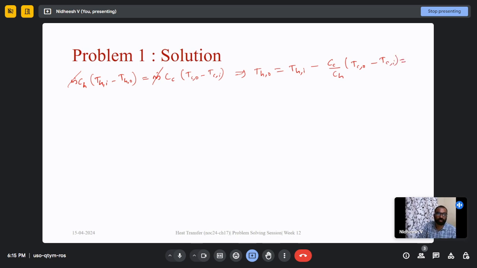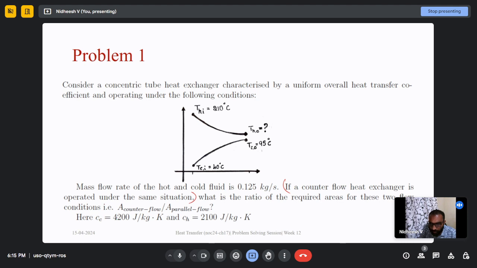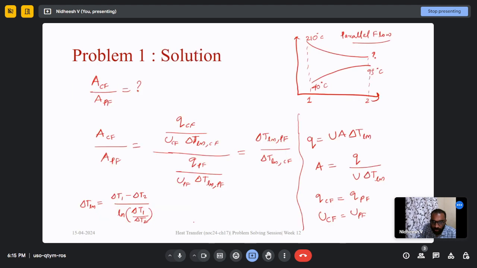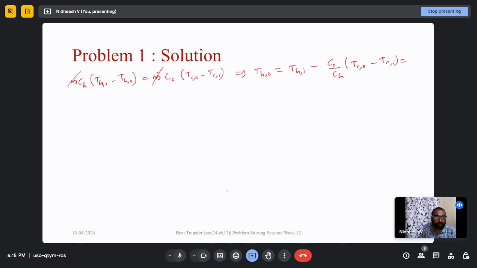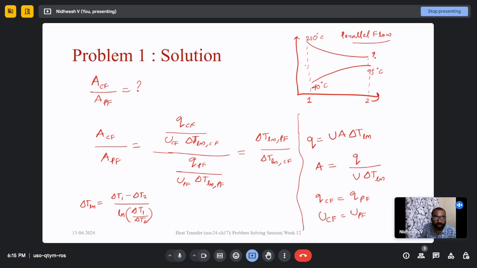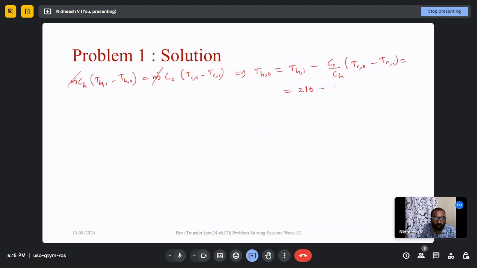This is the expression for the temperature of the hot fluid at the outlet. Let us substitute these values. What are Cc and Ch? 4200 joules per kilogram Kelvin and 2100. So Cc by Ch would be 2. The temperature of the hot fluid at the inlet is 210. Let us calculate that value.